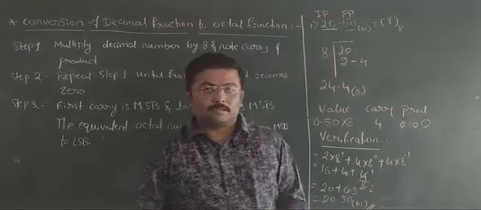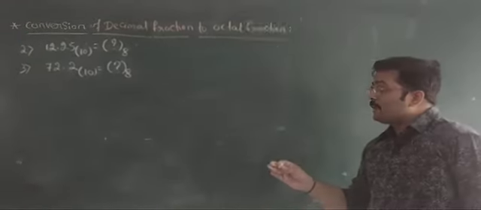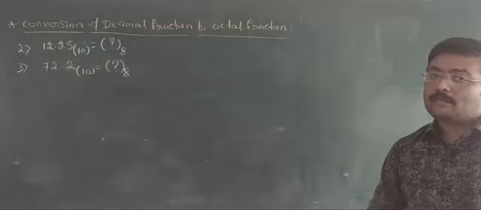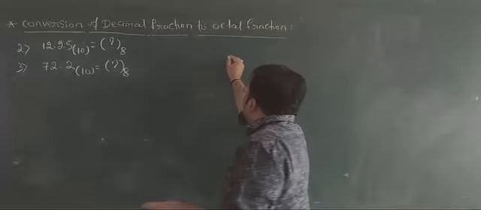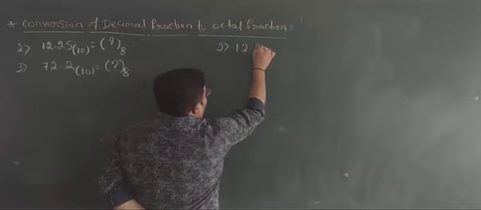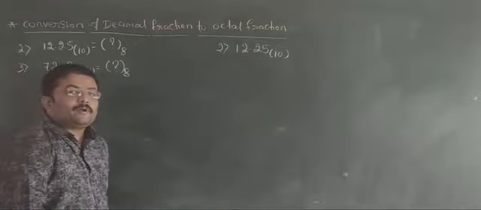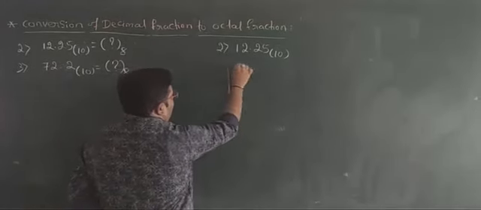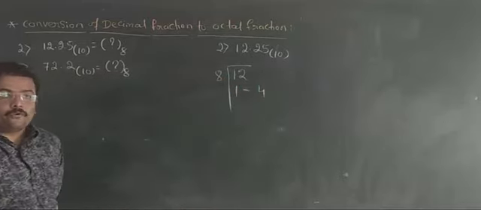Let us take two more examples. The first one is 12.25 to the base 10, and we convert it into an octal number. First, the integral part should be divided by 8. 8 ones are 8, remainder is 4.